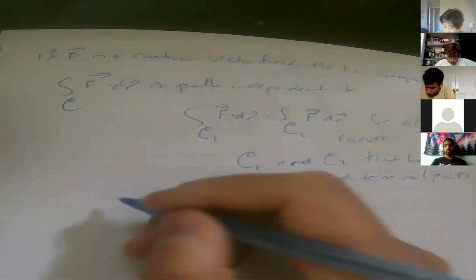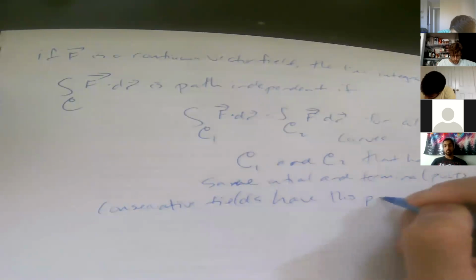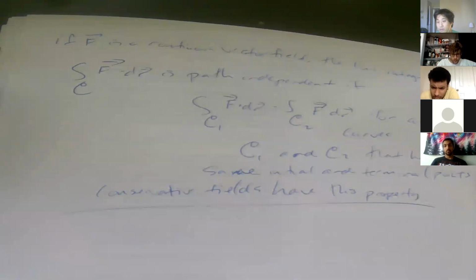Conservative fields have this property. Is that a minus? Where is there a minus sign?